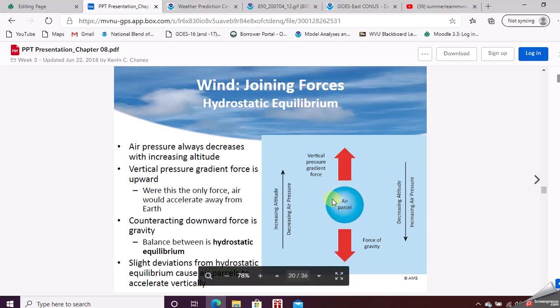They don't necessarily accelerate it. They'll begin to push it in a direction. But there's no acceleration with that necessarily, upwards or downward. It just moves the parcel upwards because hydrostatic equilibrium says it can. So that is another key component of winds. It describes a way to look at vertical motion in winds, how the winds blow vertically.